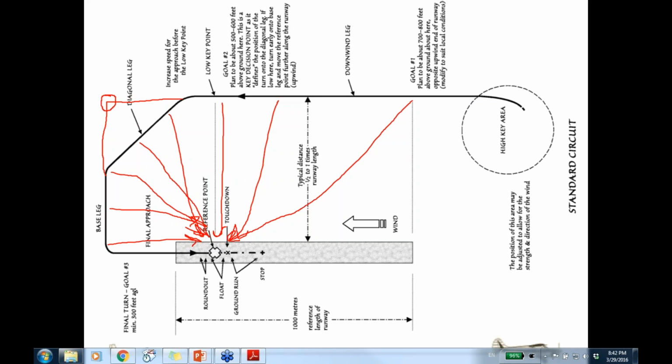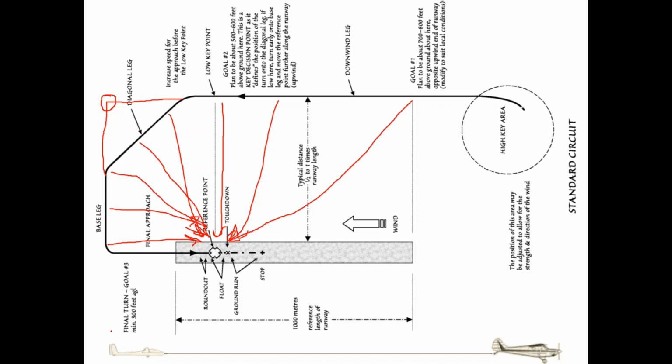I get into a nasty situation where I'm getting lower and lower but also further and further away. So there's a dual purpose to this circuit. One is to help keep our reference point in view, and the other is to help line up our descent and our distance away.